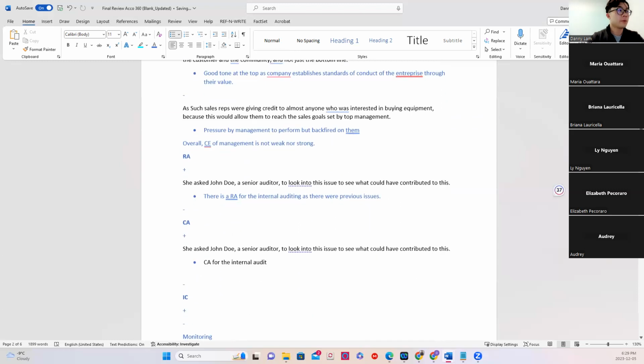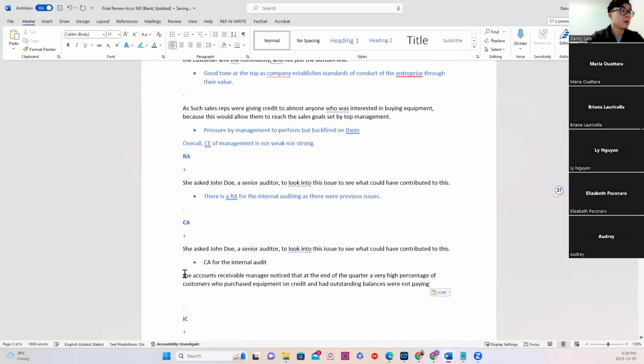So for positive: the account receivable manager knows that a high percentage of customers with outstanding balances were not paying.